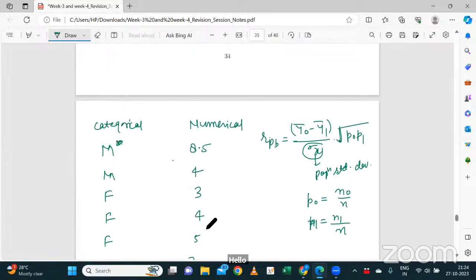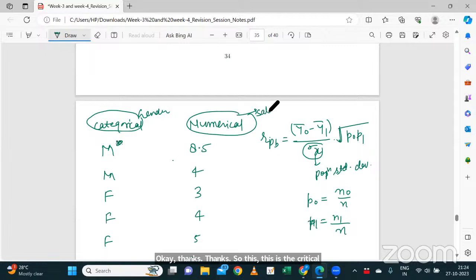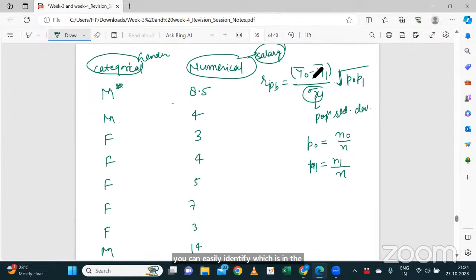So this is the categorical variable, which is gender, and the numerical variable we have is salary. By seeing the variables, you can easily identify which is categorical and which is numerical. Now, we have this categorical variable with two categories, male and female. So we have to code one category as 0 and the other as 1.